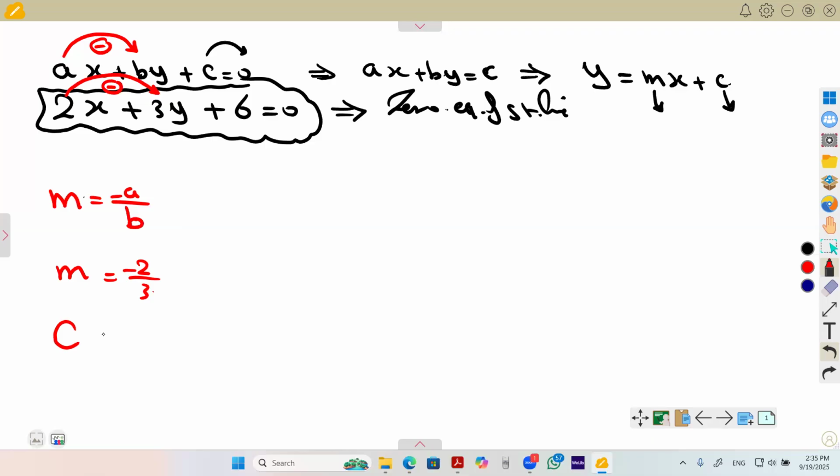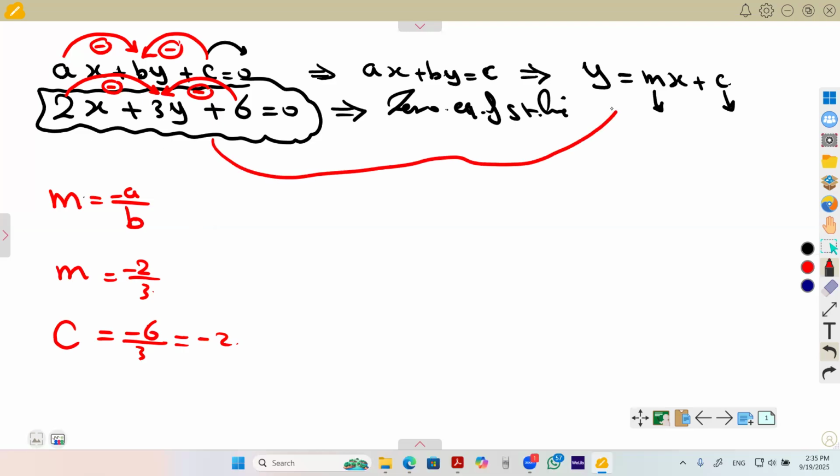The y-intercept is what? It's negative c over b. It means negative 6 over 3. So it will be what? Negative 2.